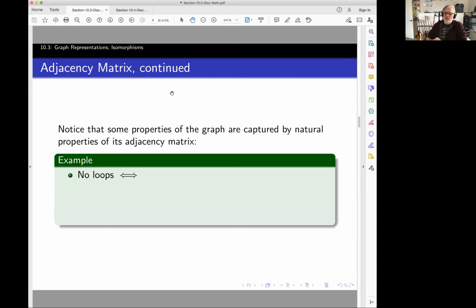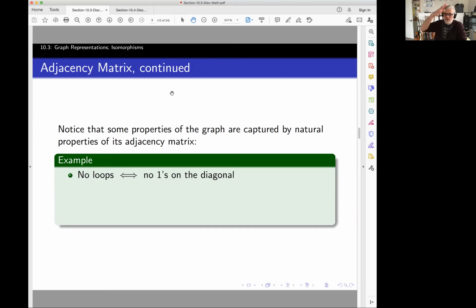So yeah, this is where I was going. If you've done a bit of linear algebra, then you know about matrices and all sorts of stuff related to them. So some natural properties of matrices are reflected in the digraphs or graphs and vice versa. For example, what's a loop, right? A loop is an edge going from a vertex to itself. If you look at the adjacency matrix, it means it's a 1 in the diagonal, right?